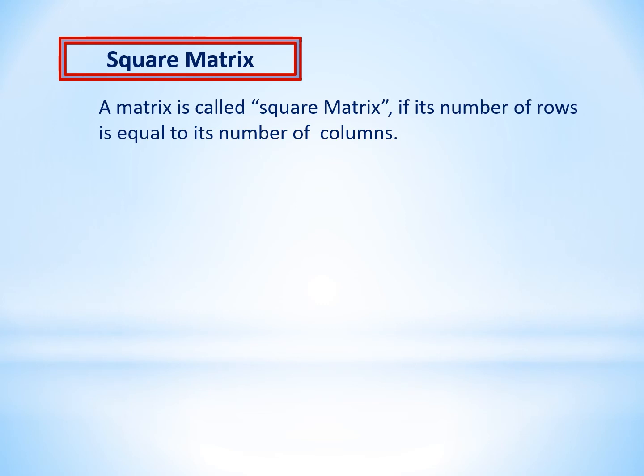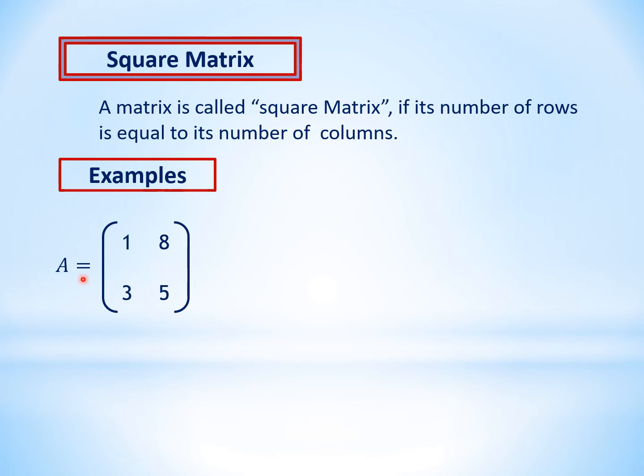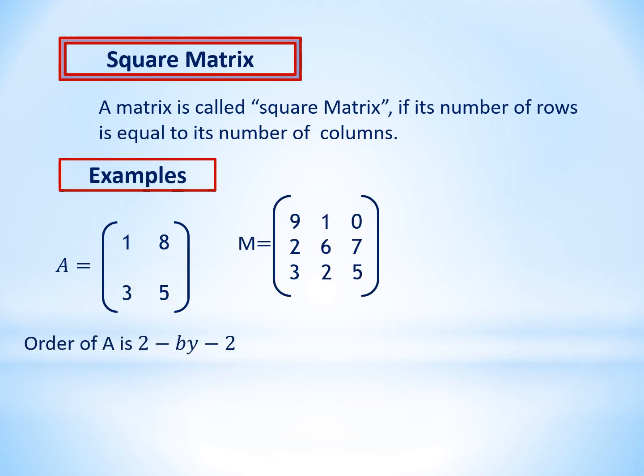So similarly, a square matrix is a matrix in which number of rows and columns are equal. For example, matrix A, it has 2 rows and 2 columns and its order is 2 by 2. So matrix A is a square matrix.